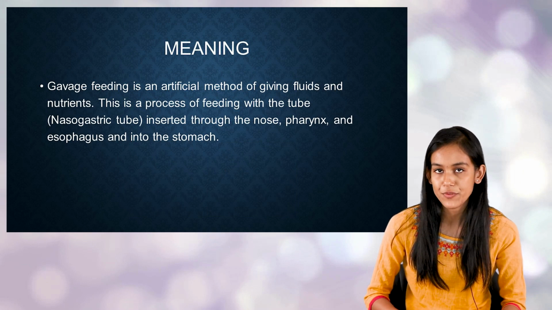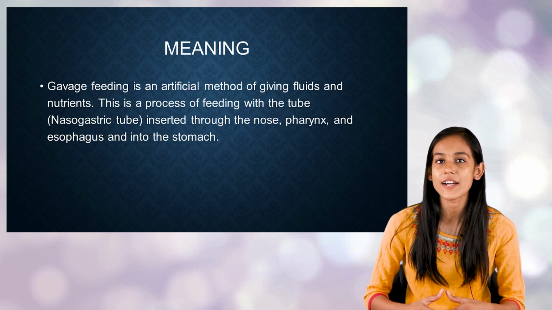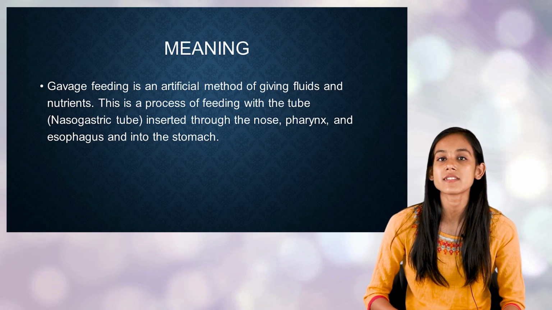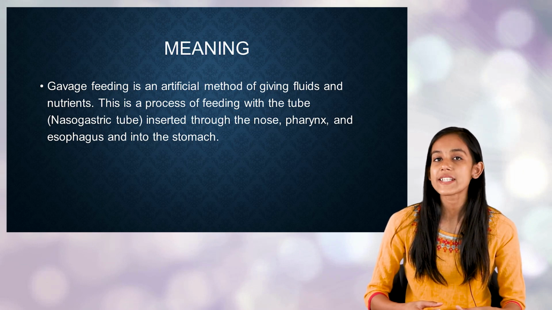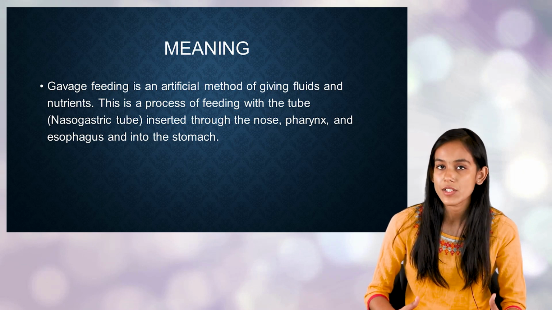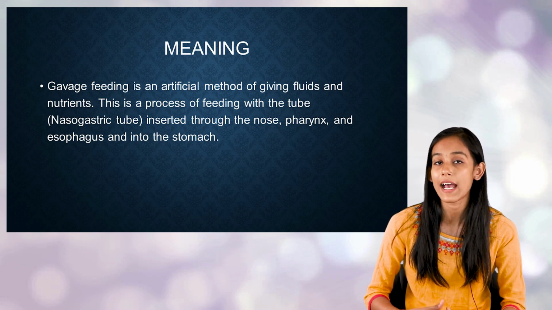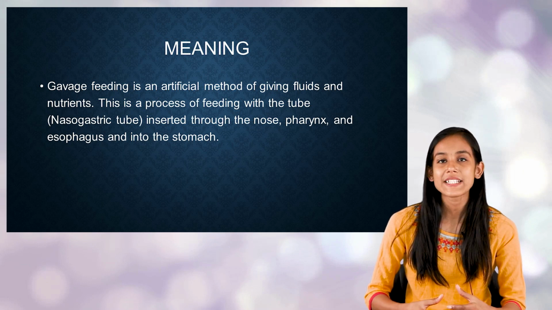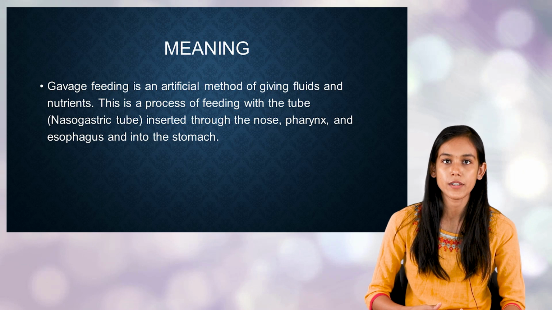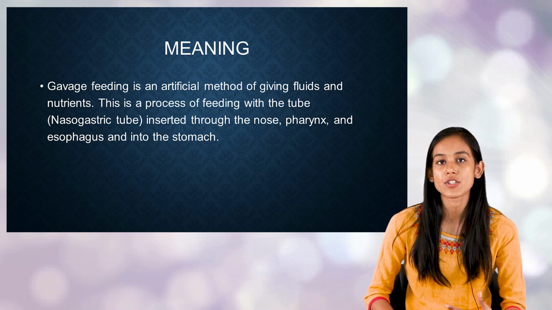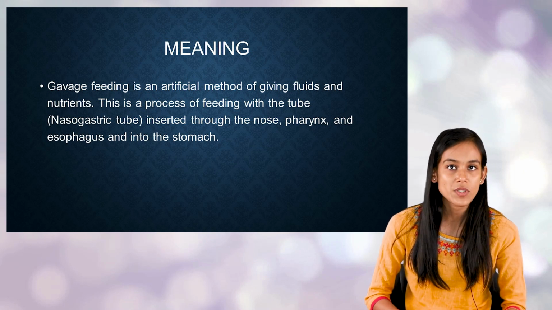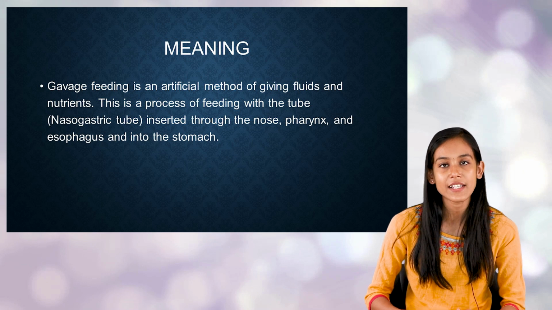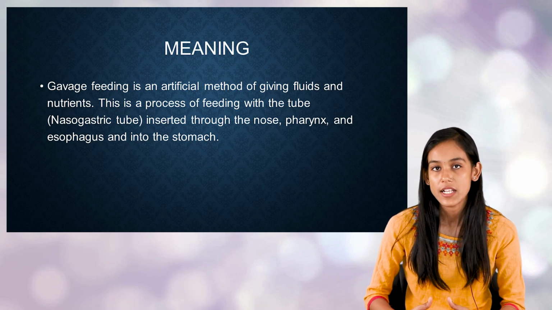Nasogastric tube feeding or gavage feeding is an artificial method of providing nutrients, fluids, or medicines. So basically, this is a process of feeding with a tube, which is called a nasogastric tube, which is inserted through the nose, and then it goes to the pharynx and esophagus and finally into the stomach.